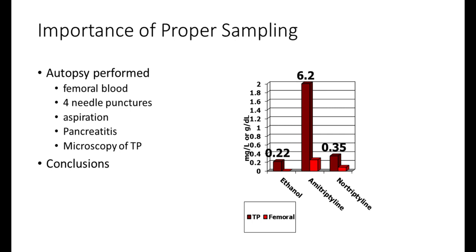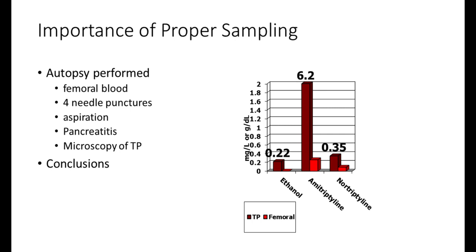As you can see here, the thoracic puncture concentrations of these drugs, including ethanol, are quite elevated, and they look like an acute, massive ingestion of the antidepressant amitriptyline. But when you look at the femoral blood specimen, there's no ethanol.